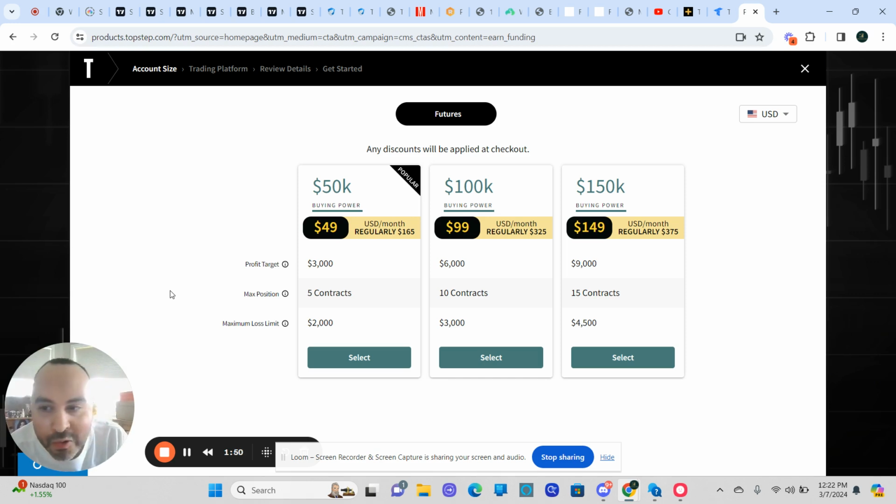Now, the micros. We're going to focus mostly on the ES and the NQ, so that's the S&P and the Nasdaq, or the MES and the MNQ, which are the micro S&P and micro Nasdaq. The reason they came up with the micros is because you need large margin to trade the ES and especially the NQ.